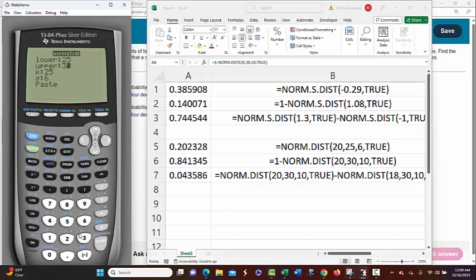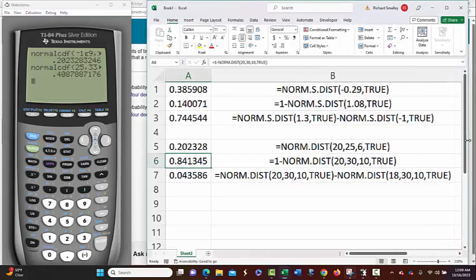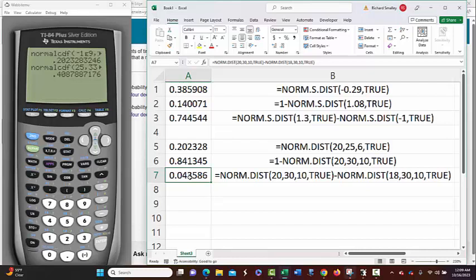And it still has 33, and it still has the 25 and the 6 in there. So we leave that. Enter. Now Excel, we have to use the bottom one of the middle section, because that's how you do between in Excel. It has to be done as a subtraction. So all I got to do is change that. I got to change a lot of stuff here.